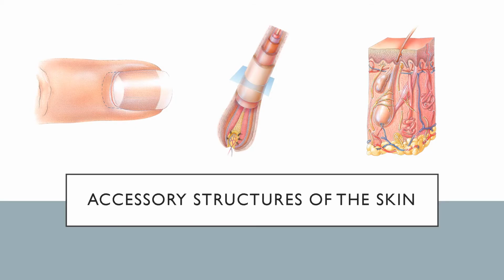Accessory organs to the skin, which are also part of the integumentary system, are hair, nails, and skin glands. These all have a really important function. For example, hair and nails work to protect the body, and sweat glands help to regulate body temperature.